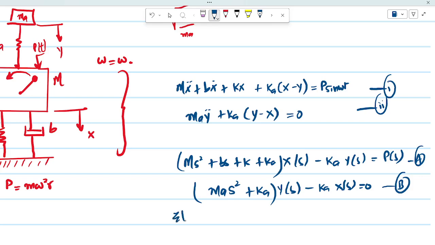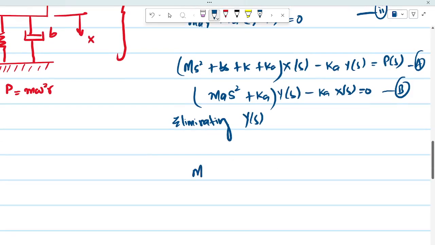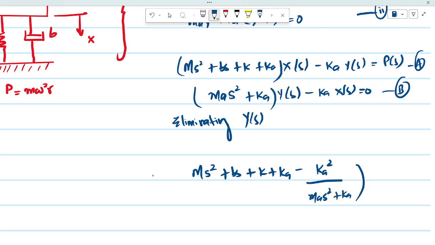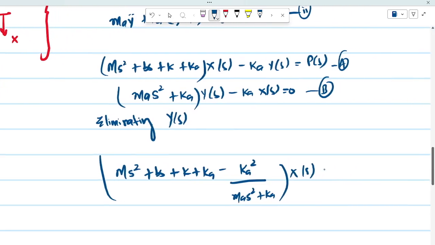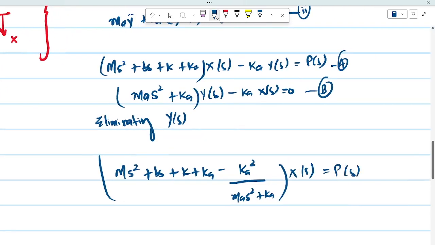Now eliminating y of s, this equation will become (m s square plus b s plus k plus ka) minus ka square over (ma s square plus ka), this whole into the displacement equals to the excitation force.